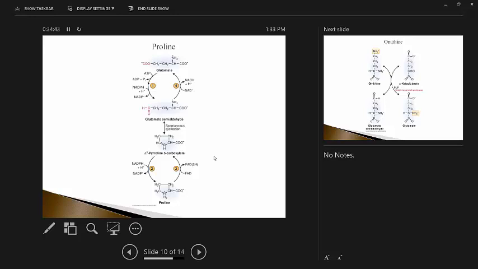So this side is synthesis, this side is breakdown. So 1 is mito, 2 is cyto, 3 is breakdown and it's in the mito, and 4 is in the mito as well, okay? Everybody?